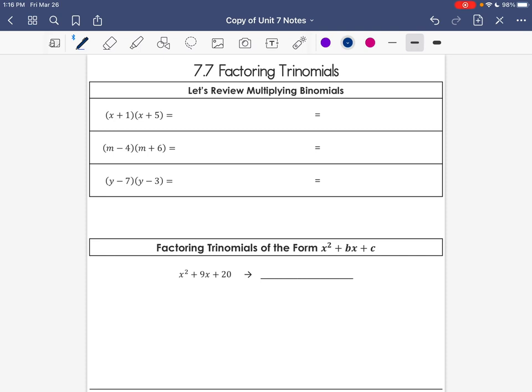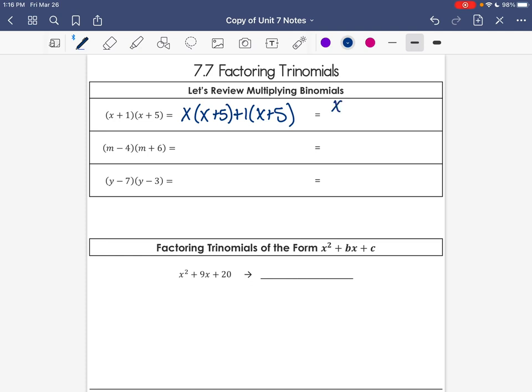So let's get started. The first thing you're going to do is split, since we can go all the way across, I'll just write it bigger. So we'll split this into x times x plus 5 and 1 times x plus 5, like that. And then we're going to distribute x to x plus 5 and 1 to x plus 5.